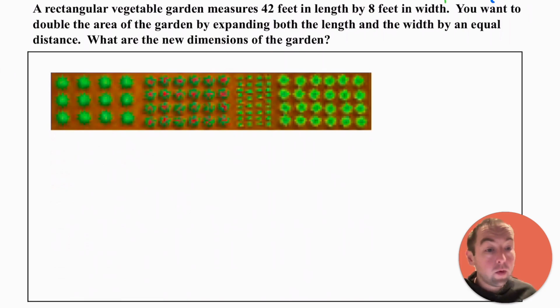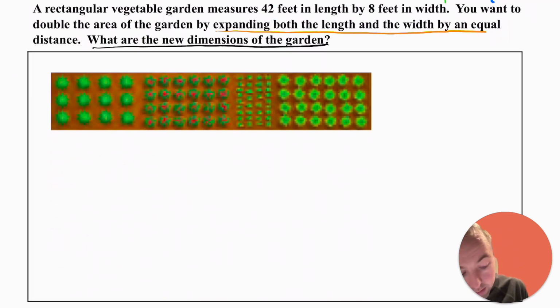We want to determine what the new dimensions of the garden are, right? So our goal is to figure out what the new dimensions, or in other words, what the new length and what the new width would be after we make this garden bigger by doubling the area, right? And the key thing here is that in order to actually double the area, we're going to expand both the length and the width by an equal distance.